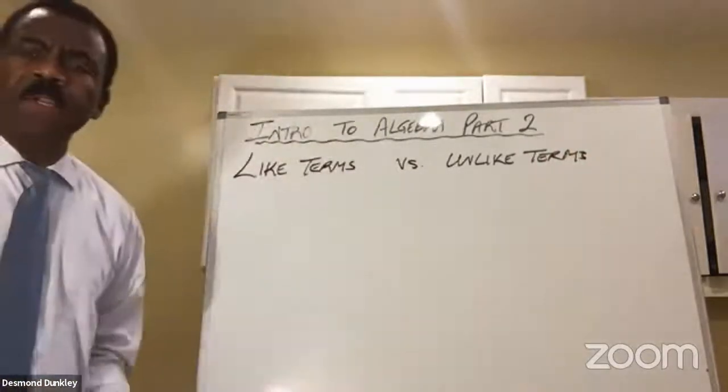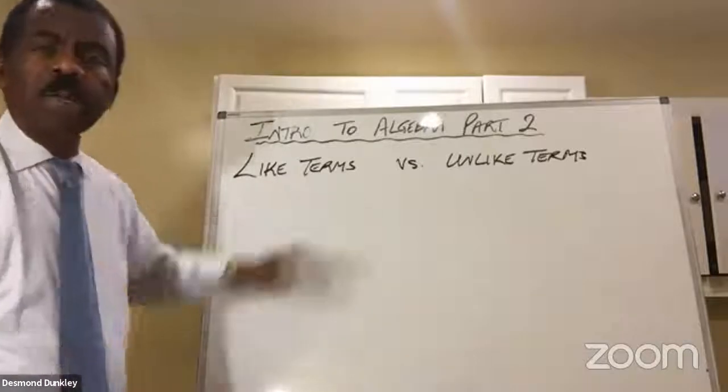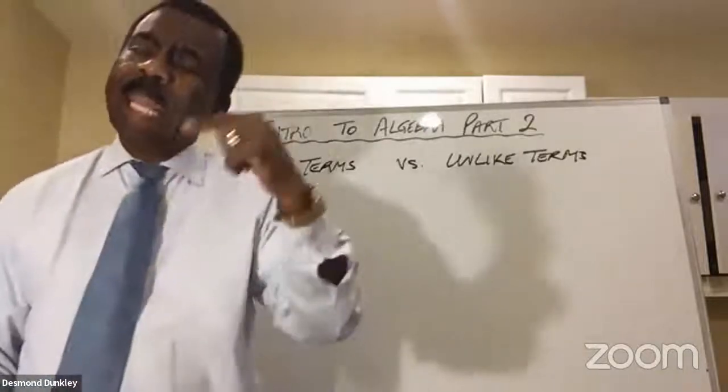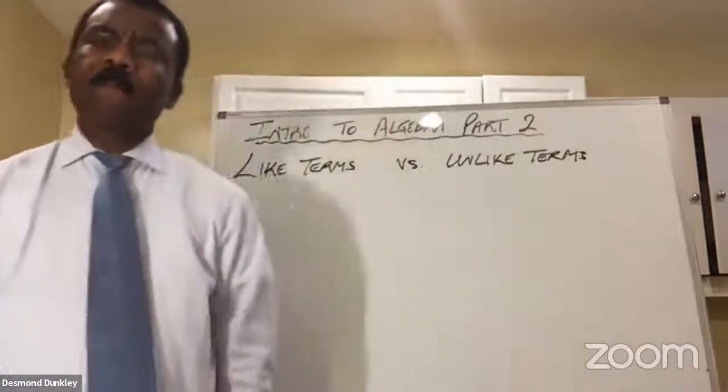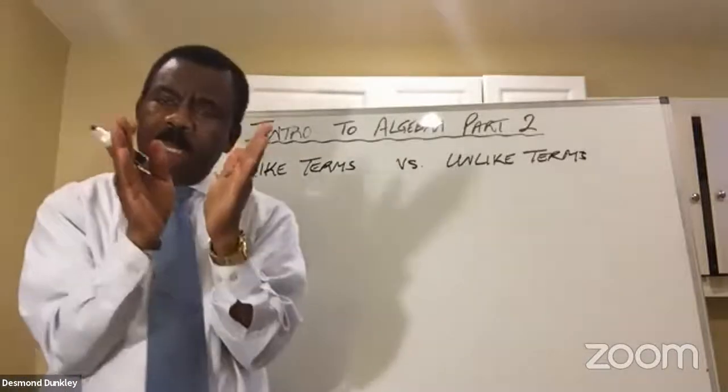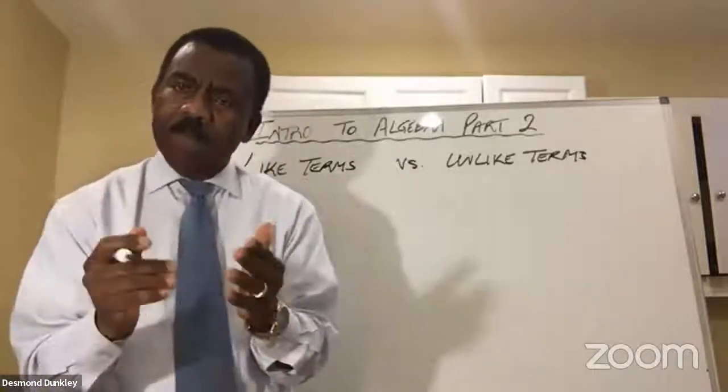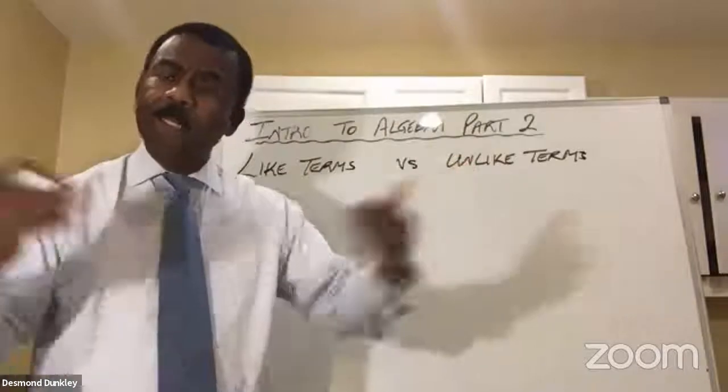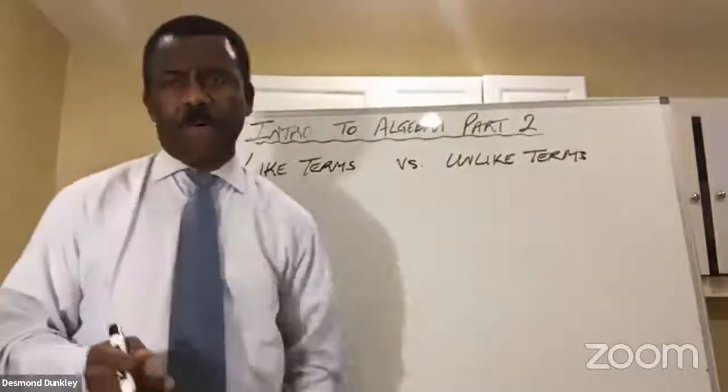So what are like terms? Like terms are terms that have the same exponent. If they have the same exponent, then they are considered like terms. If the exponents are different, then they are called unlike terms.